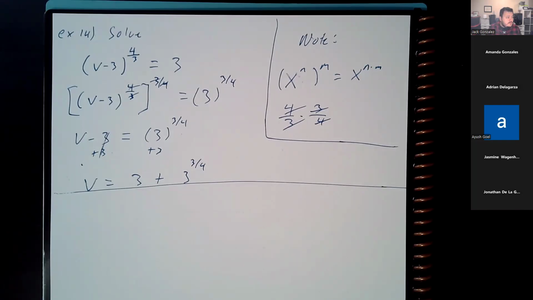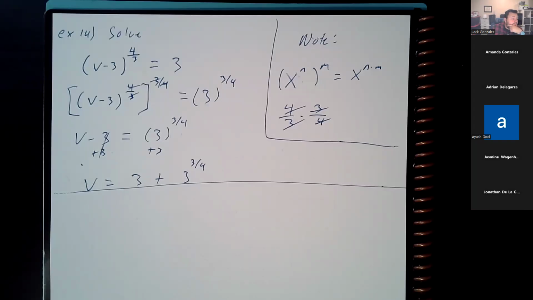I mean, I'm cool with that. Let me see what the instructions said. Let's just simplify as much as possible.